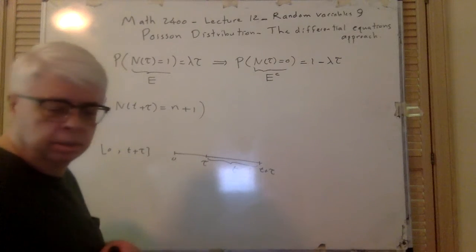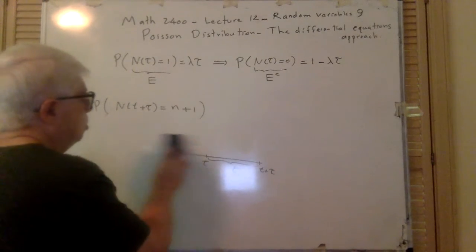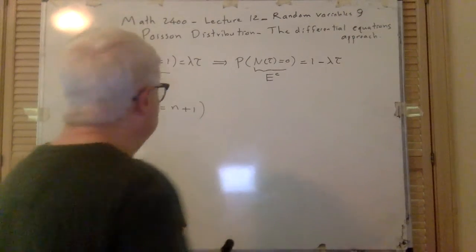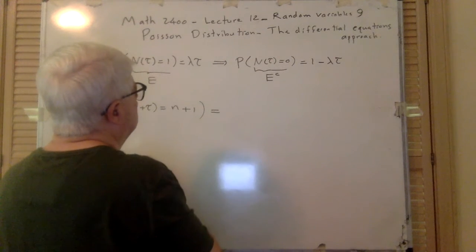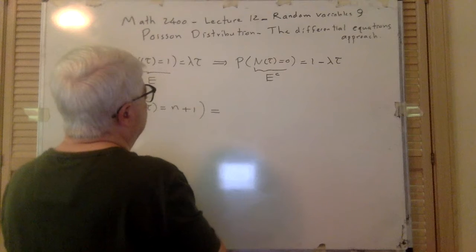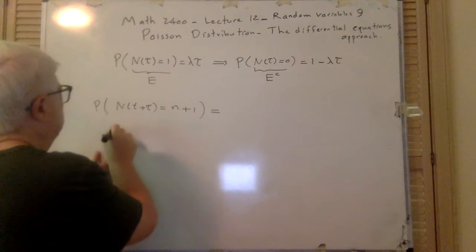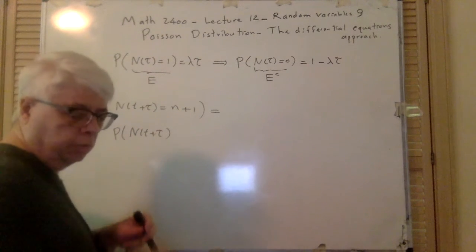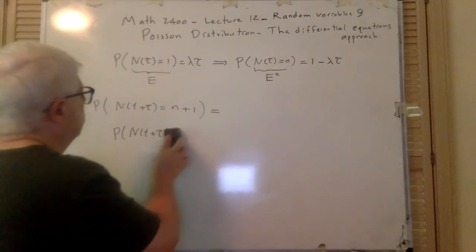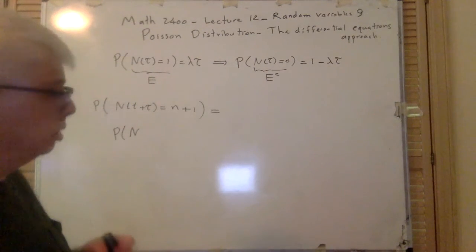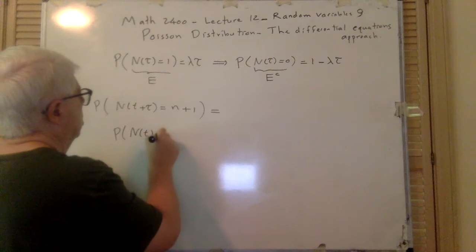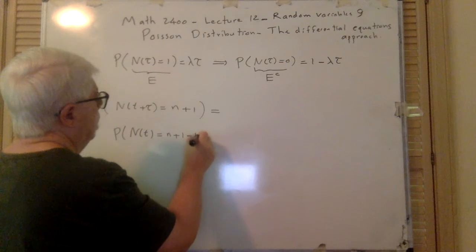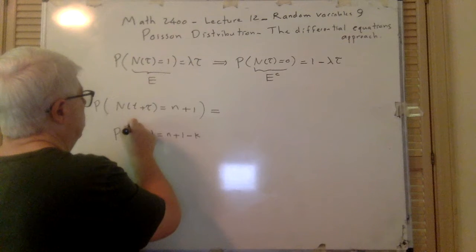Now I use those assumptions to come up with something interesting. So I look at this. This is in fact P of N(t + tau) minus N(tau), in fact, is n + 1 minus k.